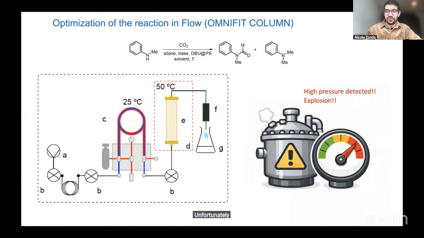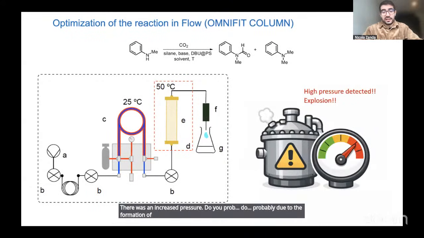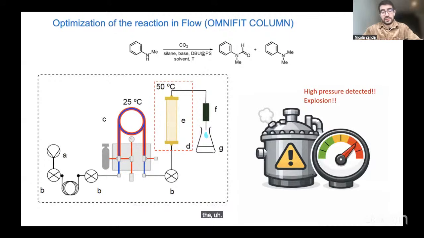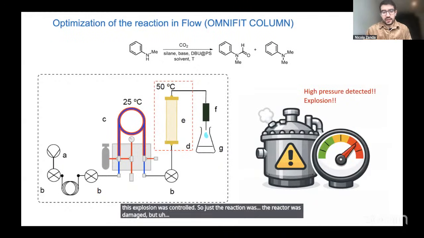Unfortunately, what we observed was that with this type of setup, there was an increased pressure, probably due to the formation of hydrogen, and this actually made the reactor explode. Luckily, since this was a flow chemistry setup, this explosion was controlled. So just the reactor was damaged, but everything was under control.